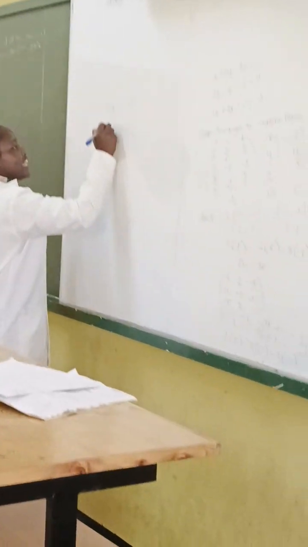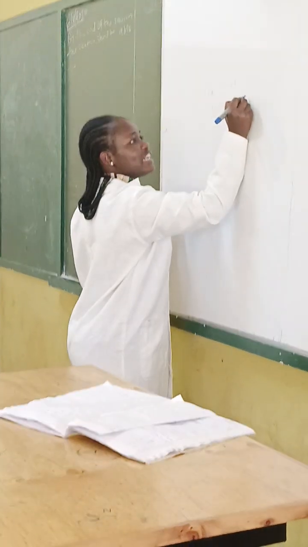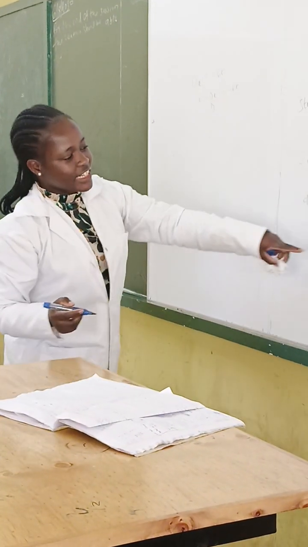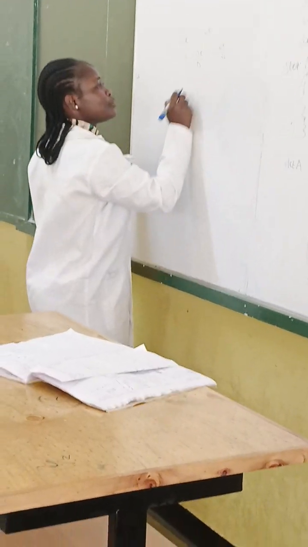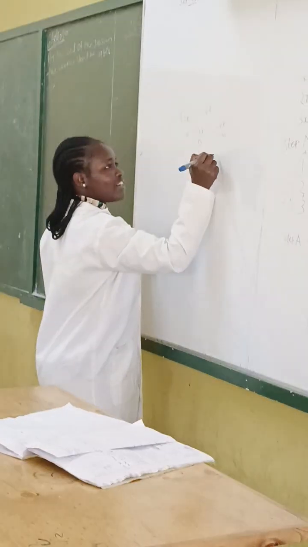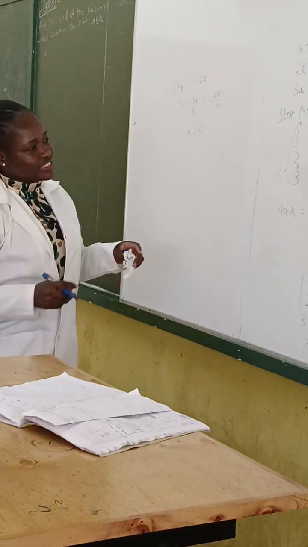So to obtain x, we have dx over d, which will be negative 60 over, you remember the d that we got, the determinant we got, which was negative 30. So we'll have our x as 2. So we move to the next step.